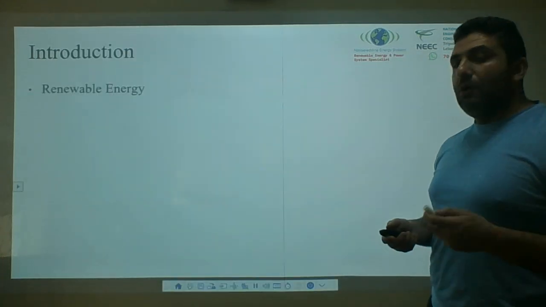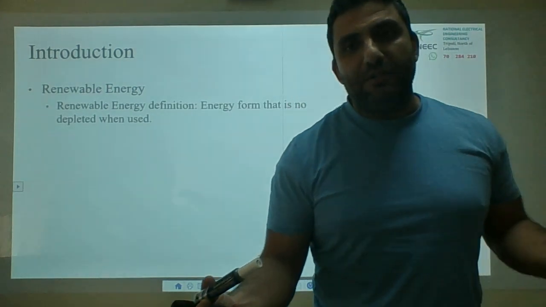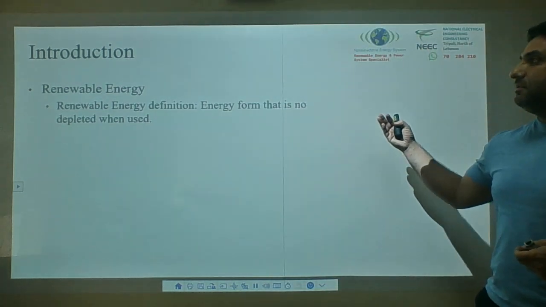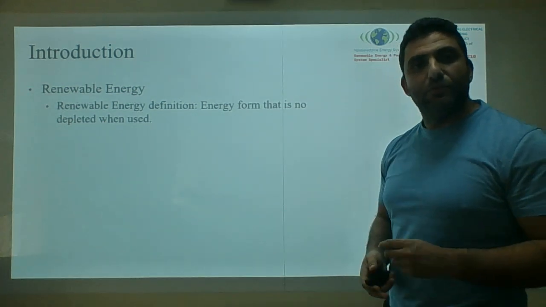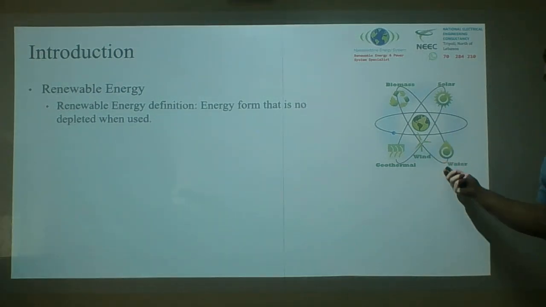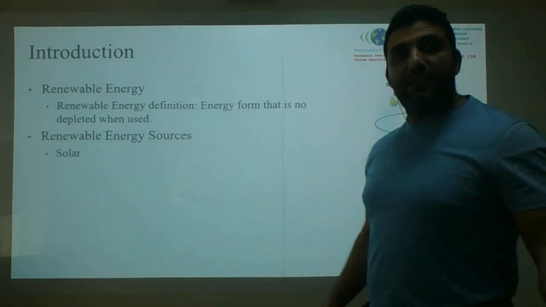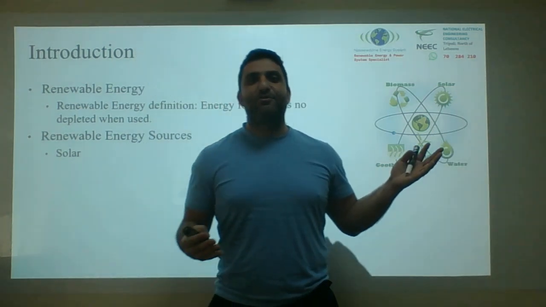Introductions. What's a renewable energy? The definition of renewable energy is energy that does not deplete with time. What are the renewable energy sources? I have solar. We need the sun for us to survive.